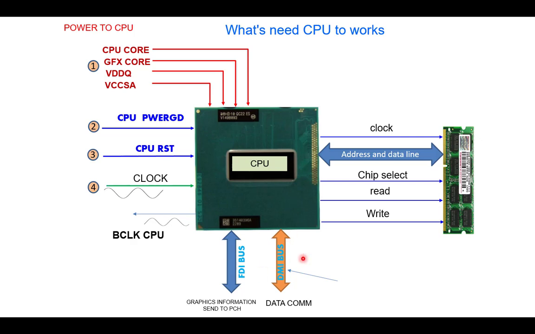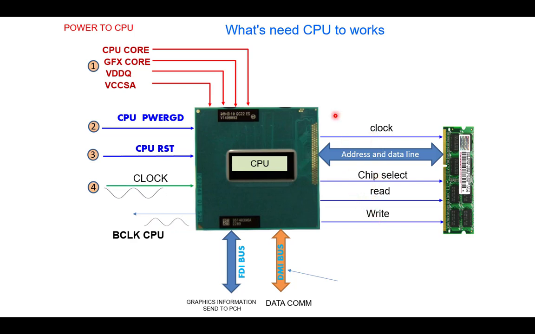There are a total of 3 buses in the modern day CPU. One is called the DMI bus for the data, another is called the FDI bus for the graphics information, and the third is used to communicate with the RAM, DDR RAM. And for RAM, there are address and data buses, clock line, chip select line, read line, and write line.